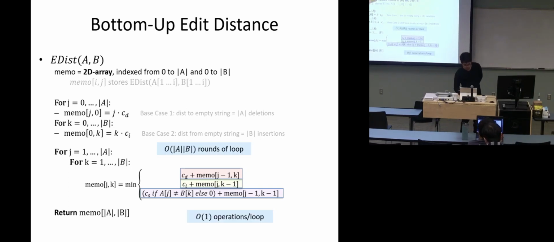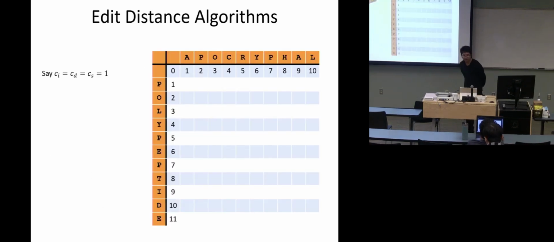So now you see that in each iteration, everything here needs just constant time, right? This is just a constant number of computations, and there are A times B iterations in the loop. So that's your running time, A times B. Okay, just an example. Let's say that I assign all of these, CI, CD, CS, to be 1.